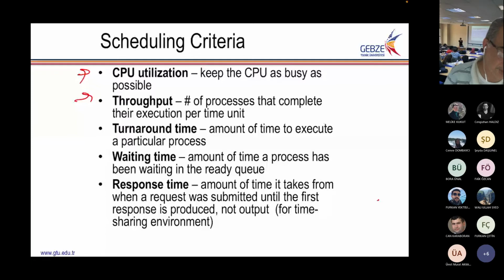Third, turnaround time. So turnaround time is a kind of customer perspective criteria. How long are you going to wait after you submit your job, on the average, of course.